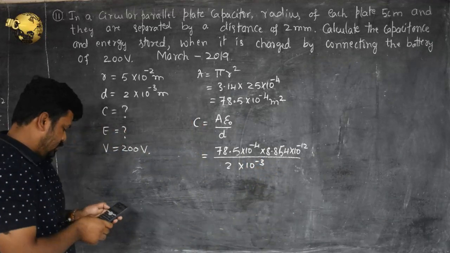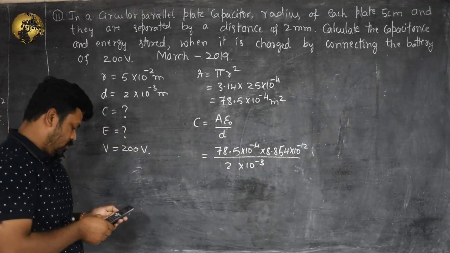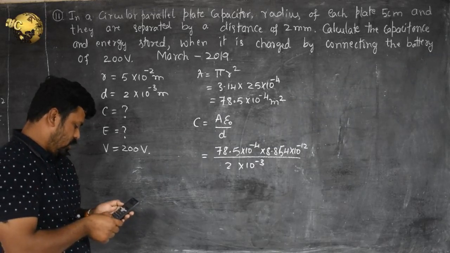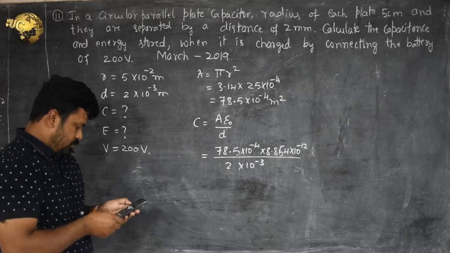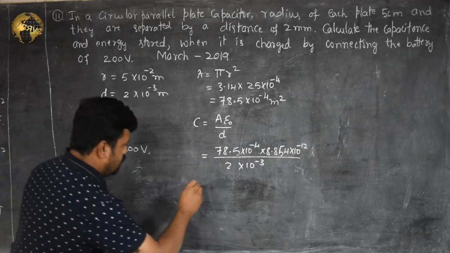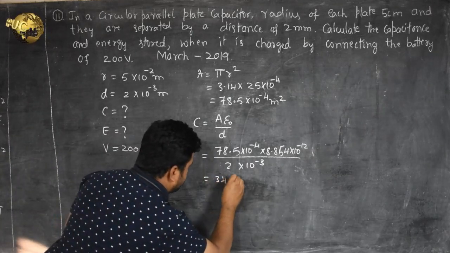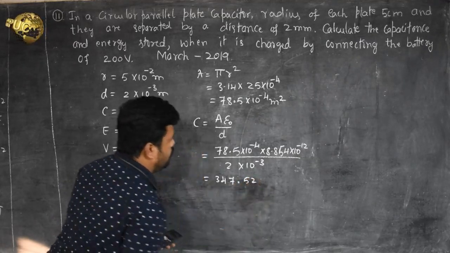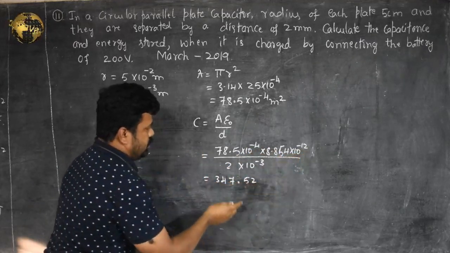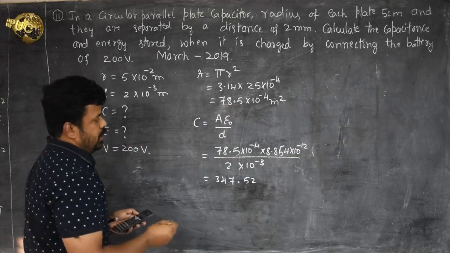So let's calculate this. 78.5 multiplied by 8.854 divided by 2 gives 347.52, and the powers give minus 13.